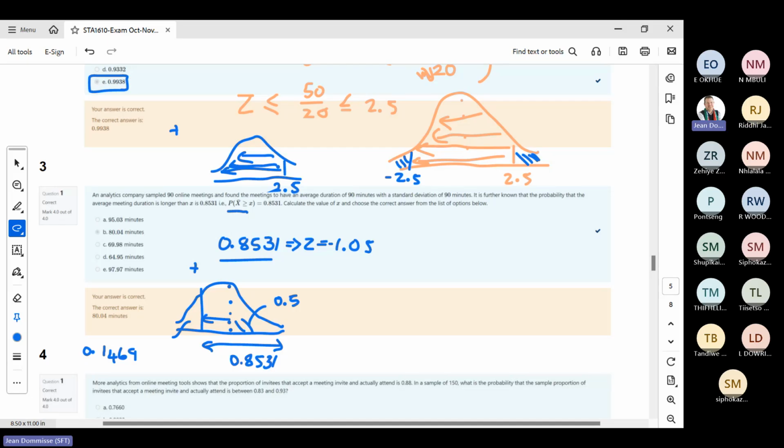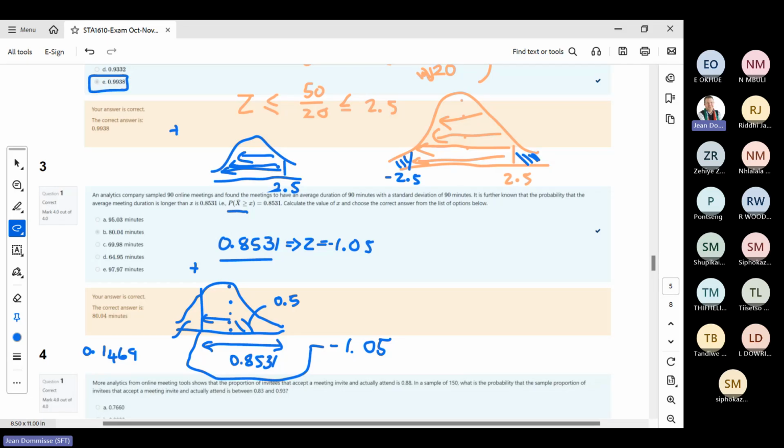So that's why the negative, for 0.1469, is minus 1.05. So we're working with this Z that is negative 1.05, because we wanted to see that smaller area.